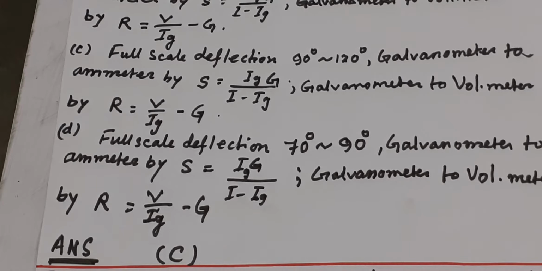So the best suited range is 90 degree to 120 degree. And the shunt has to be I_g into G divided by I minus I_g, and for the voltmeter, the resistance in series, that is R, has to be V by I_g, the galvanometer current, minus G, the galvanometer resistance.